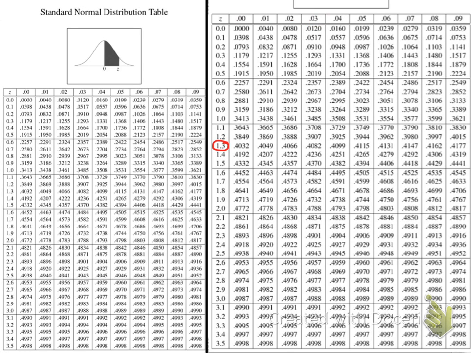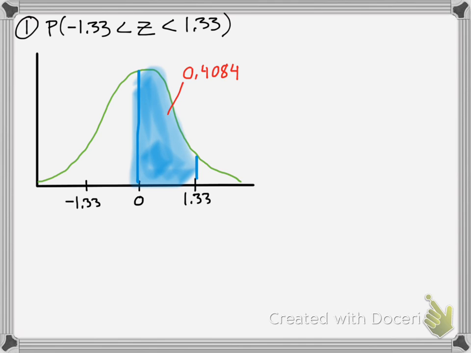And then you see where those two values intersect, and that is this value right here, 0.4082. So what it means is that this area under here is 0.4082 of the entire thing, which is 1. That's only from here to here.